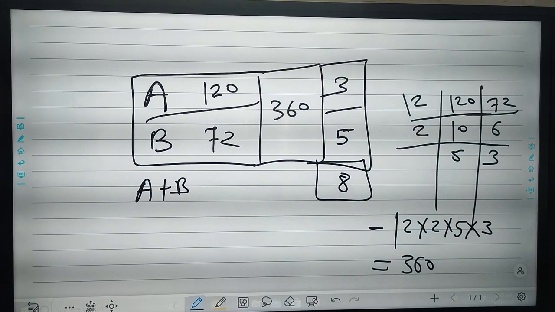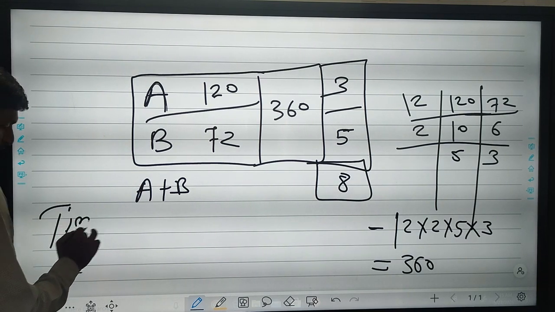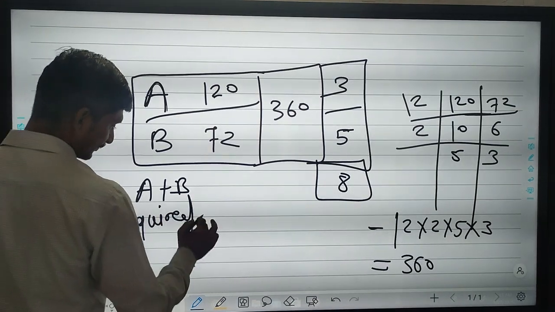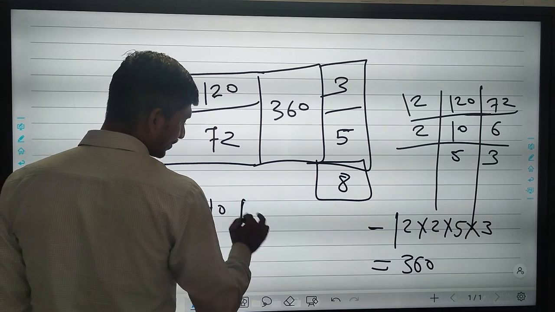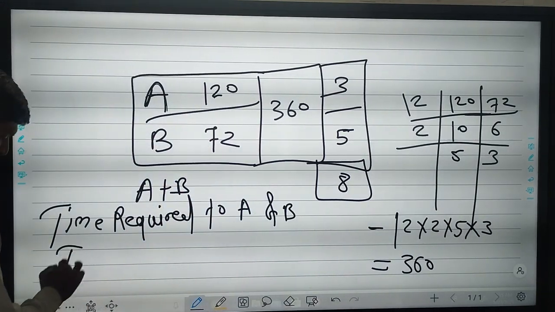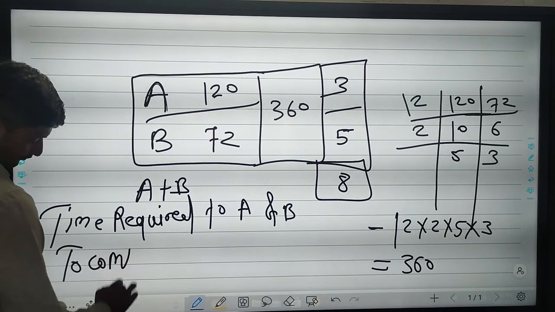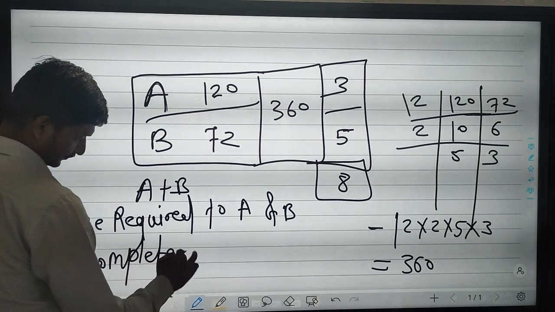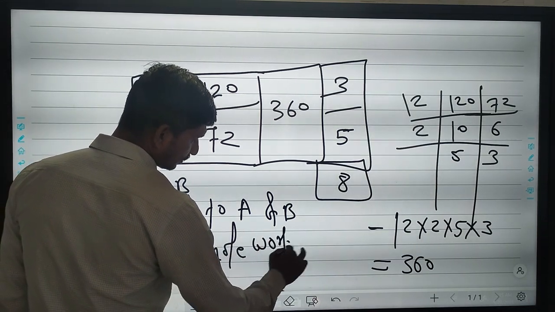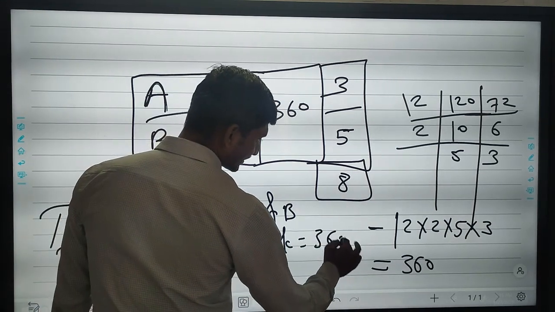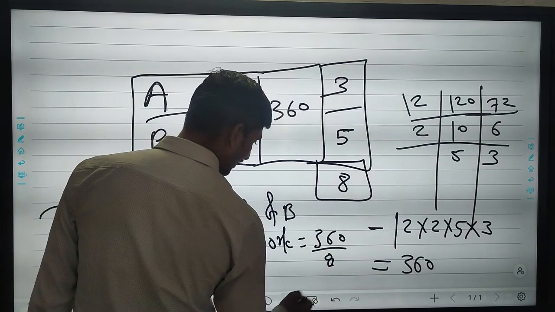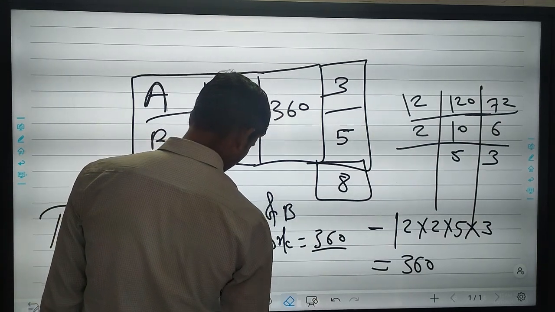Then the time required for A and B to complete the whole work is equal to 360 divided by 8.